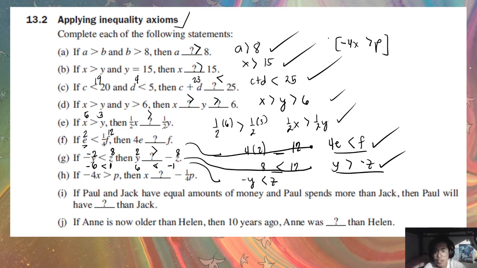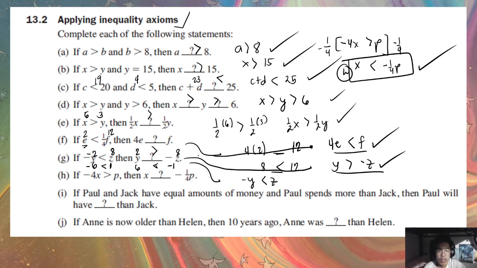If we want to solve for x, we can divide both sides by negative 4, or we can multiply both sides by negative 1/4. That's going to give us x should be less than negative 1/4 of p. Okay, so there you go. For letter H, this is the answer.